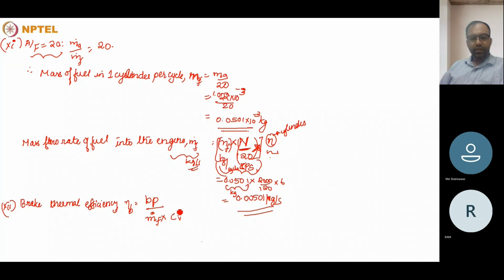The mass flow rate of fuel in kilogram per second is obtained by the mass flow rate of fuel per cylinder multiplied by the number of cylinders. The mass flow rate per cylinder is obtained by the mass per cycle multiplied by the number of cycles per second. Since it's a 4-stroke engine, the number of cycles per second is equal to half of the number of revolutions per second.